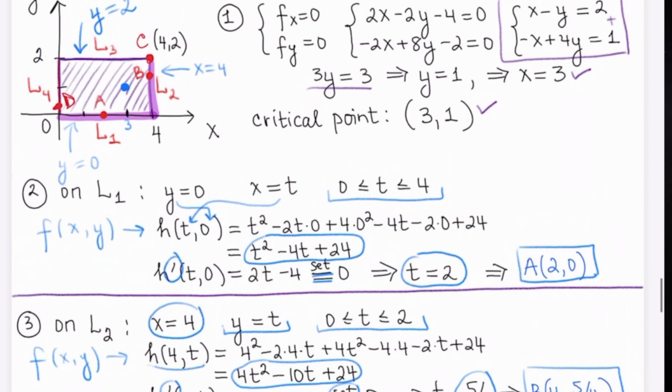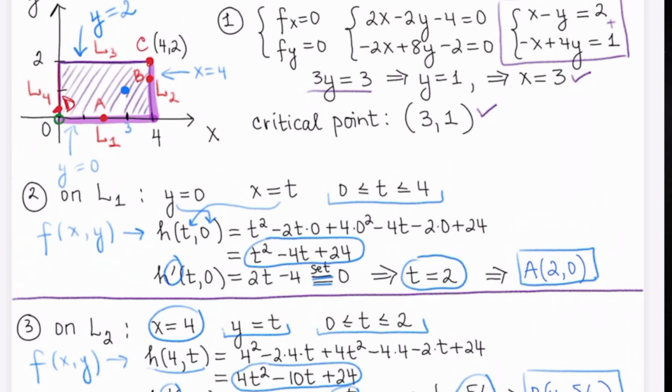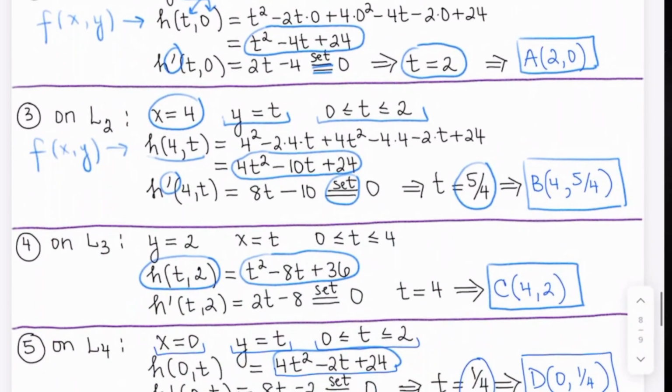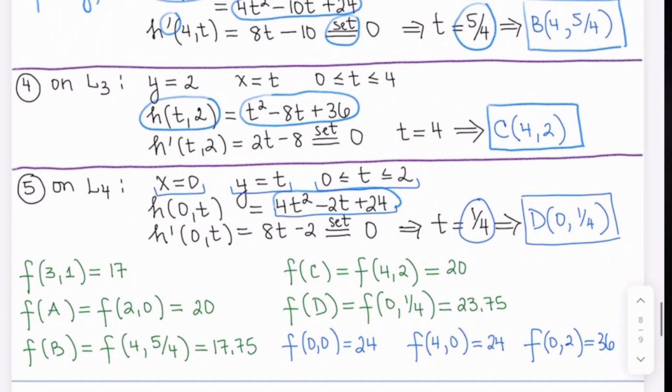So I'm going to mark these points (0, 0). We need to take a look at that one. We need to take a look at point (4, 0). (4, 2) was one of the points that we've already discovered, and then also (0, 2). All right, so once we have all of the points identified, now we're going to evaluate them.